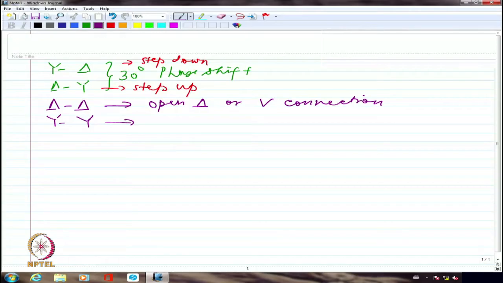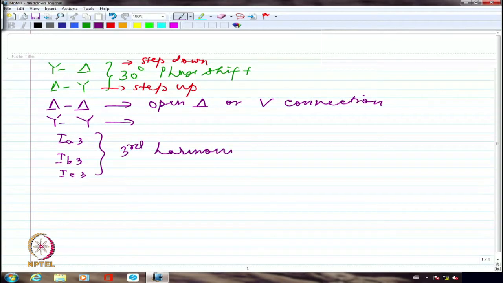If there is a third harmonic component, which is one of the dominating harmonic components in the magnetizing current, that will not find a path to flow out of the transformer winding, because if I say A, B and C phases, I am going to have IA3, IB3, IC3, which are the third harmonic components.